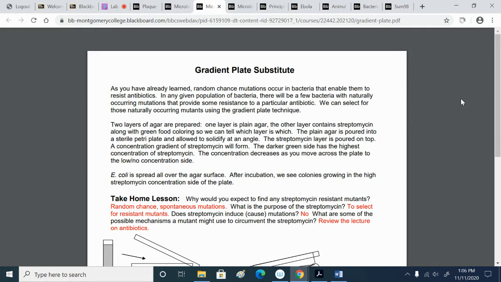Who remembers, what does streptomycin do? What's its target? Is it narrow spectrum? It is, but what's the target inside the cell? What's the specific target? Everybody's forgotten all about their antibiotics.